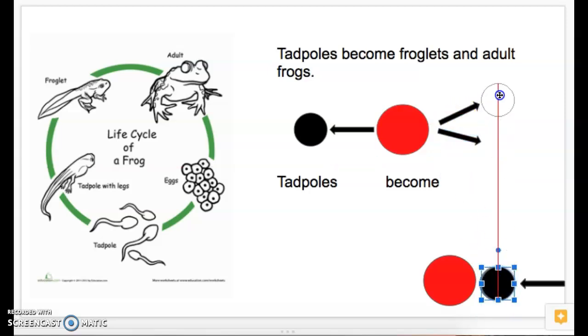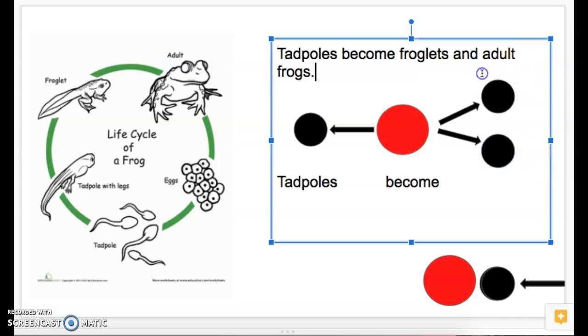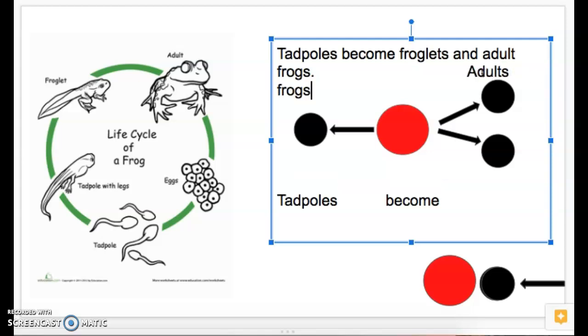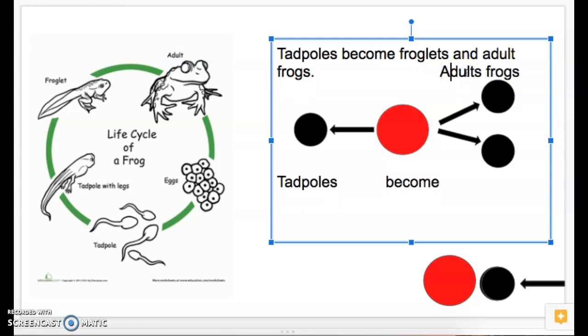We'll need now two of our black circles to represent the two things receiving that action. And at the top, we could do adult frogs. Our and can float in the middle. And then we could put froglets at the bottom.